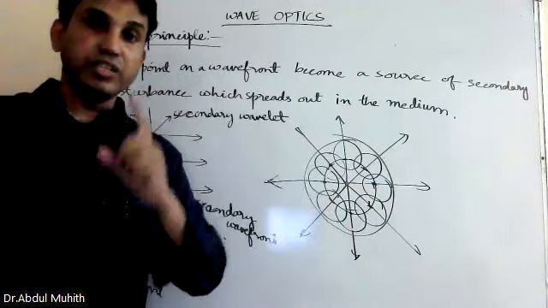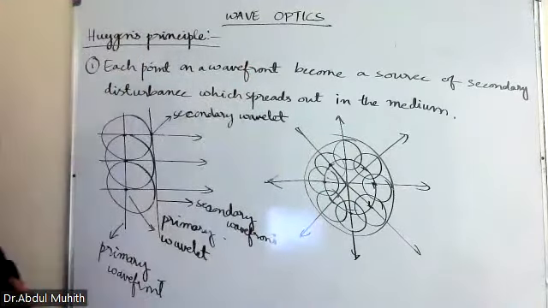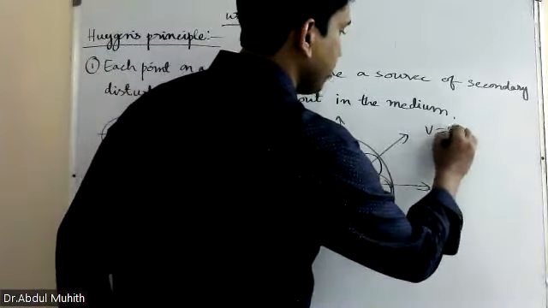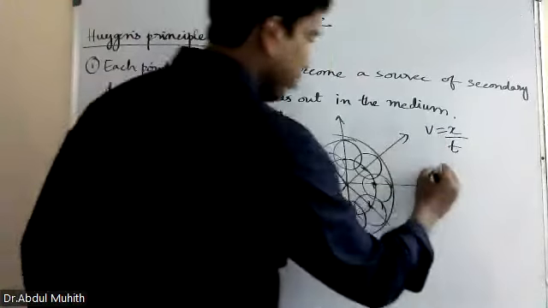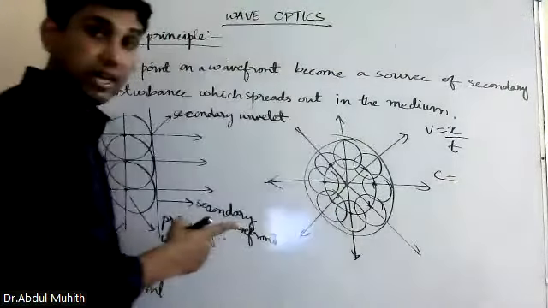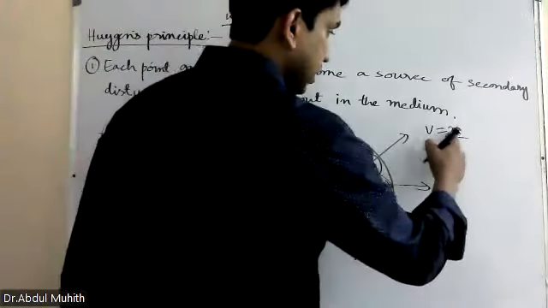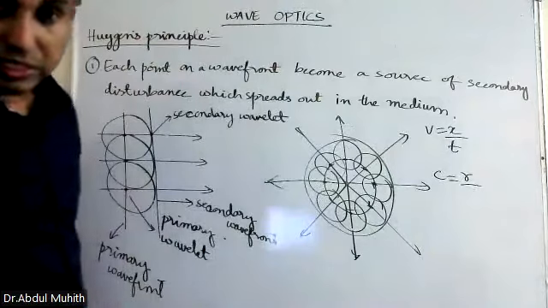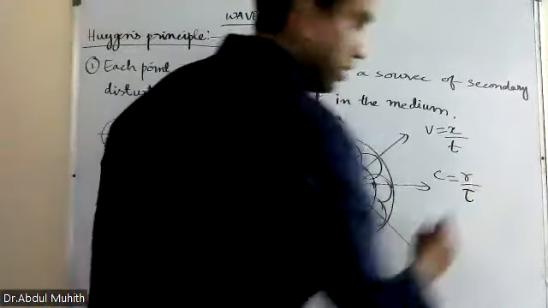People said, okay, 1 second. No problem, we will solve this. He used the very simple formula: velocity is equal to displacement by time. Since we are working with light, the velocity is the speed of light, X is the radius, and T is 1 second.